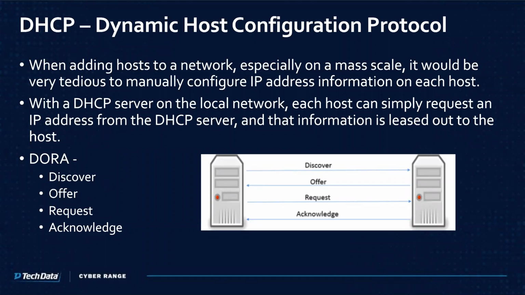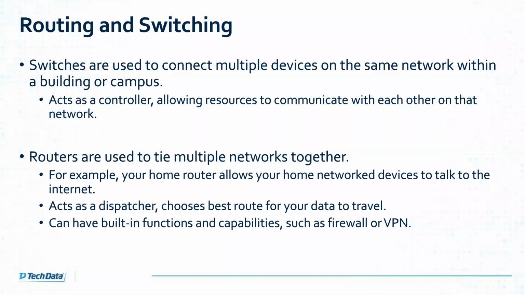This helps to ensure that your devices are all receiving unique IP addresses within a network, whether it's private or public. So if you ever look at DHCP from a packet level using Wireshark, you will see the DORA standard in action. So that is our DHCP.